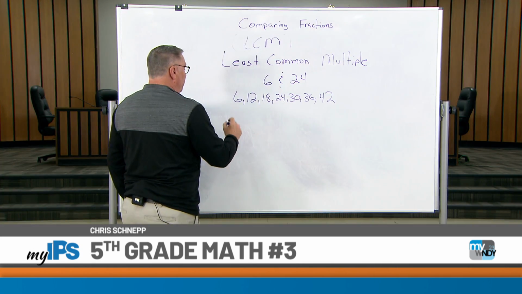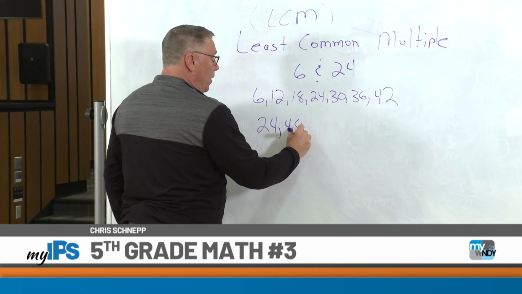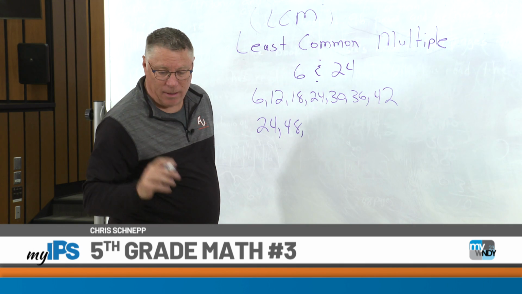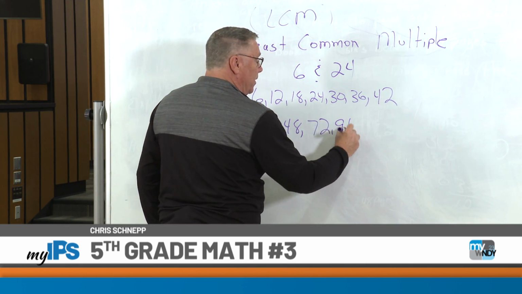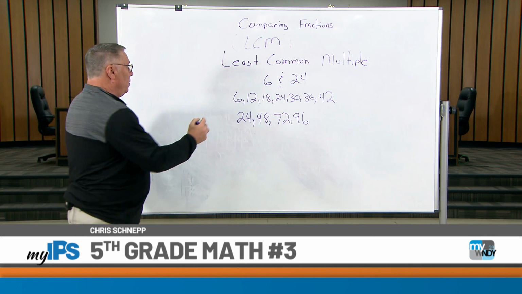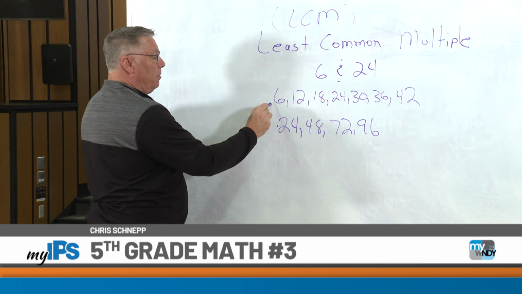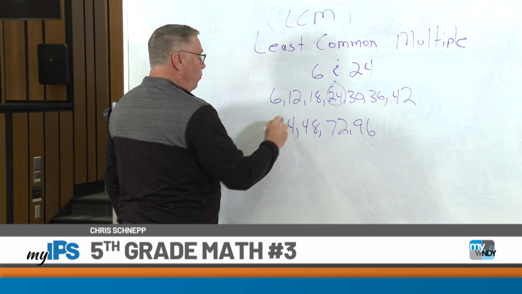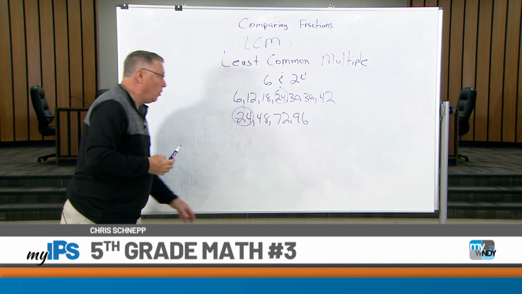Now the multiples of 24: 24, 48, and I believe 72, then 96. Once again, we're looking for the least common multiple. Here's a 24. That's the smallest number, and I'll find a 24 here. So the least common multiple of 6 and 24 is 24.